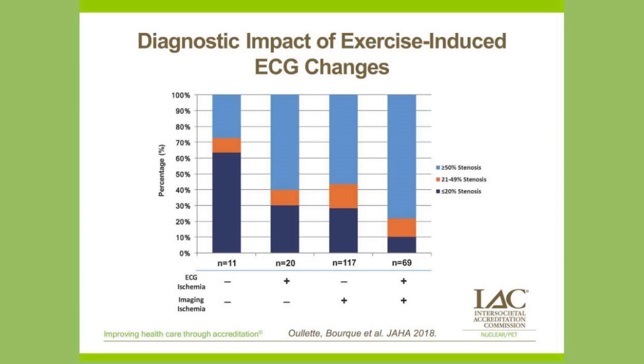If both were negative, you had a very low prevalence of obstructive coronary disease. This is the far left bar, where you can see 70% were either non-obstructive or normal. On the contrary, if you look at the far right bar, if both ECG and imaging were positive, then you had a very high incidence of obstructive CAD. And if one or the other were positive, you were in the middle.